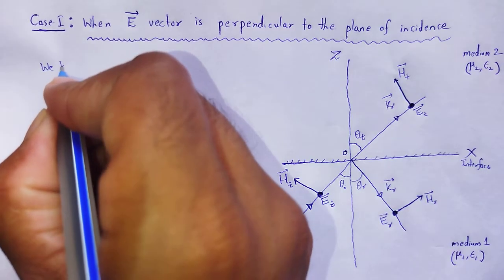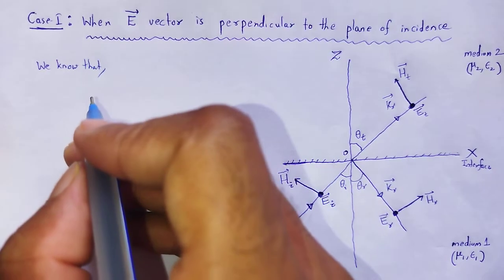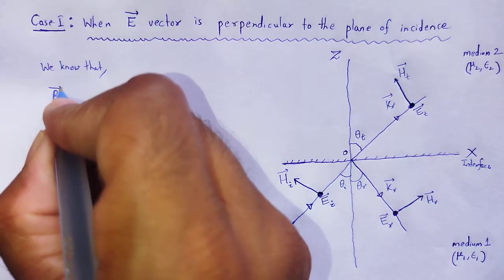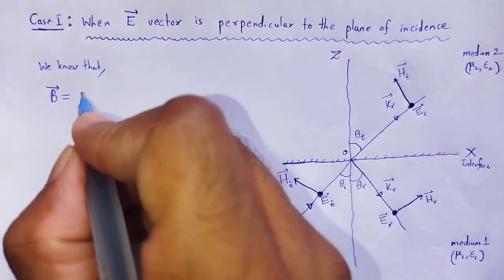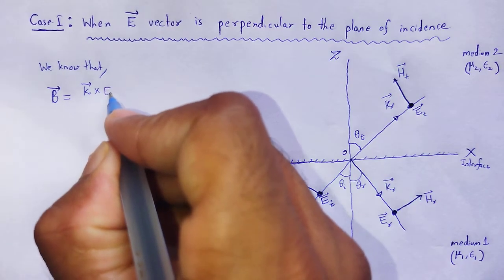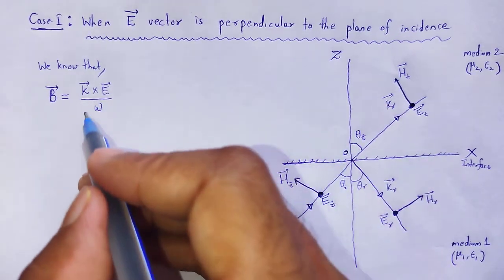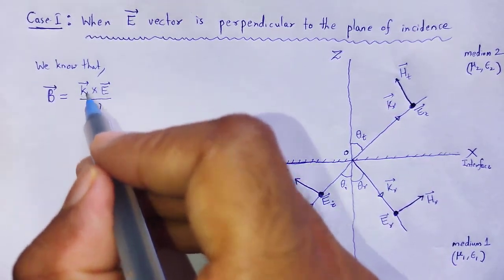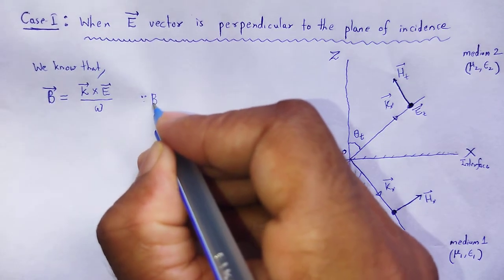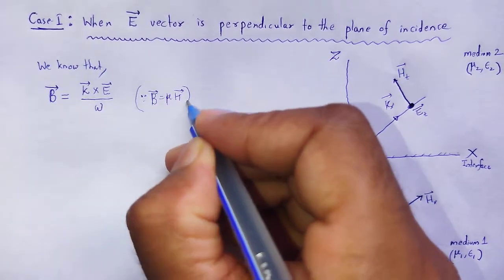We know that B vector is equal to K cross E vector divided by omega. Omega is the angular frequency, K is the direction of propagation of the wave. Here you know B vector is equal to mu H vector.